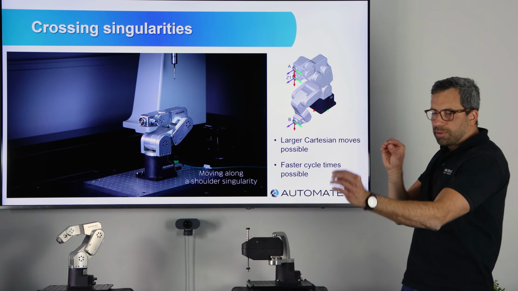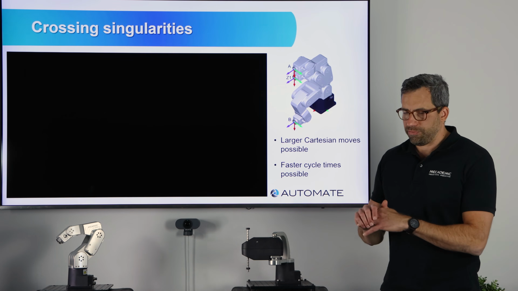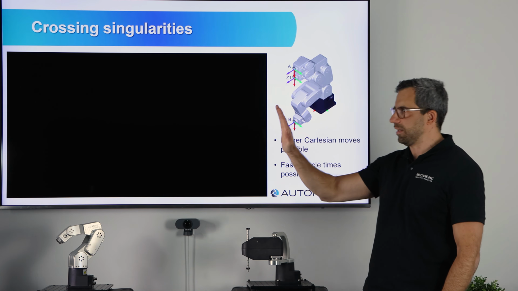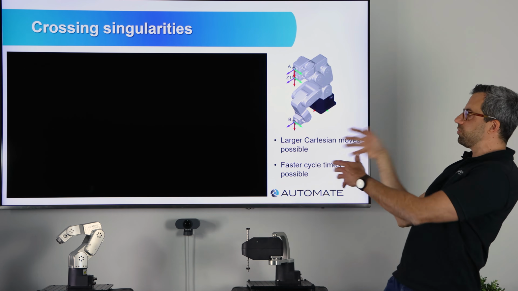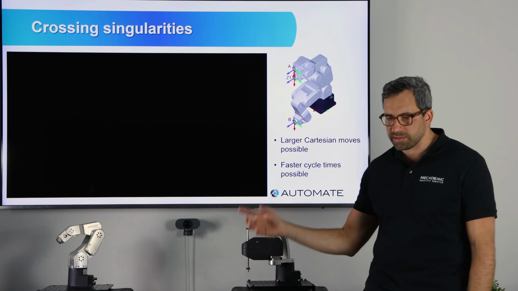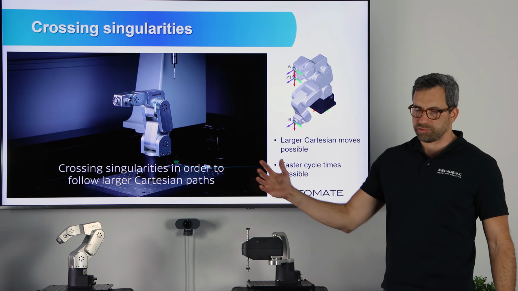So with the same path, I'm able now to test my VR glasses. Okay, now I'm able to test them at this distance and at this distance and at this distance using the same robot. I don't need a bigger robot. I don't need a linear stage, and I can do this just because I'm able to cross singularities.